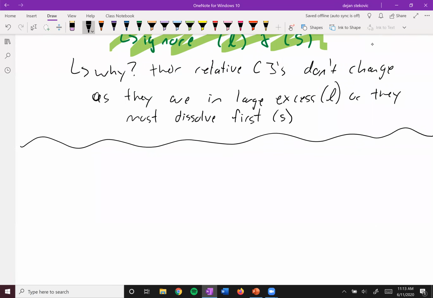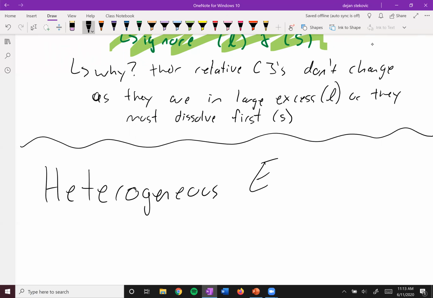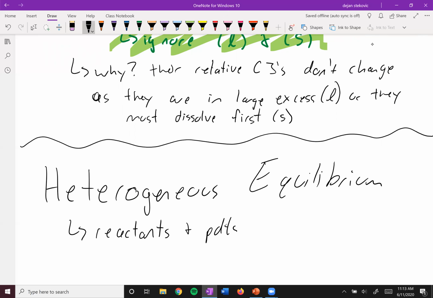And so the same thing is true for heterogeneous equilibrium. In this case, the reactants and products will be in different phases.